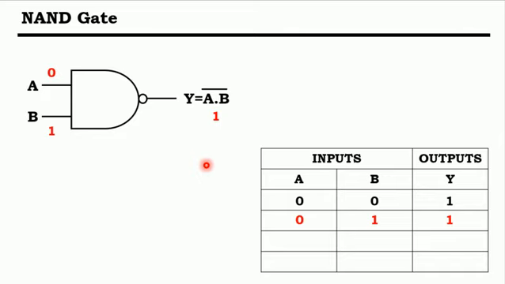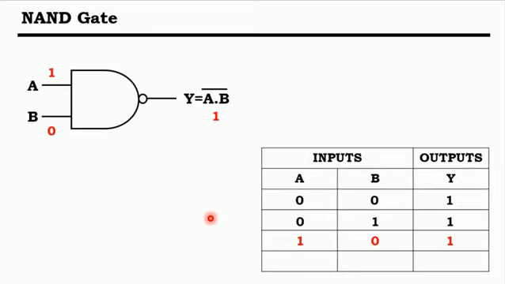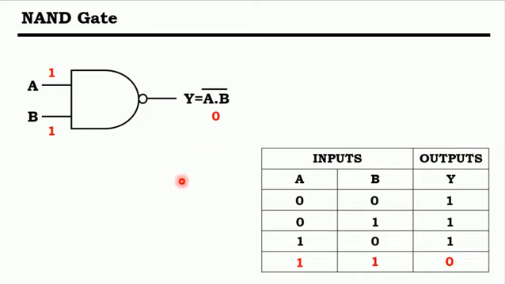The AND operation is carried out, and after that there is a NOT gate, which inverts the output, and the NOT gate is also called an inverter. So the output is the reverse of the AND gate. For the third input, if we provide 1 0, the output will be 1, and if we provide both inputs as 1, the output will be 0.